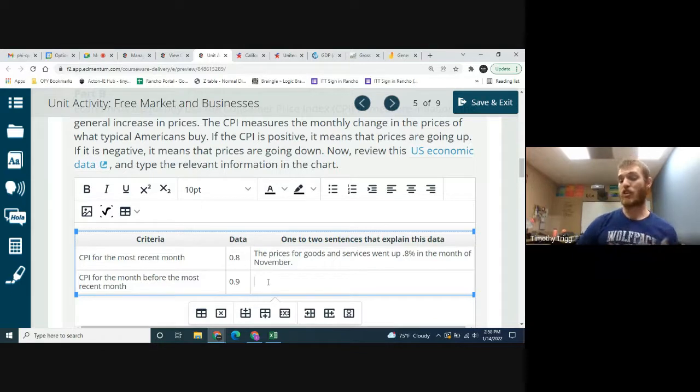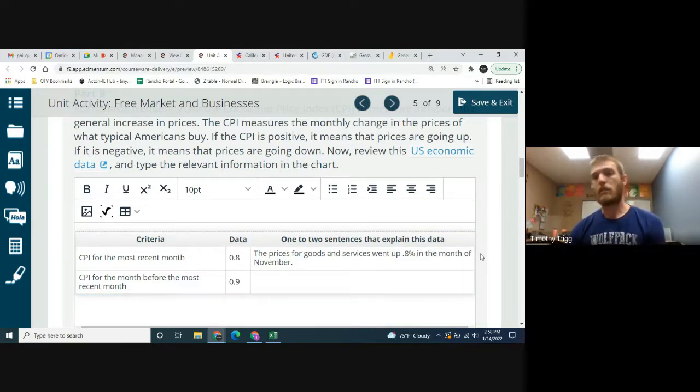Now, these are actually very large numbers. You don't want to see CPIs go up a lot like this. These are actually very large numbers for CPI growth. Generally, inflation is not a good thing for a healthy economy. You want inflation, but not a high level of it.